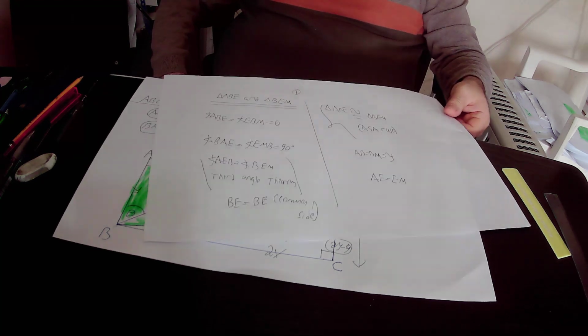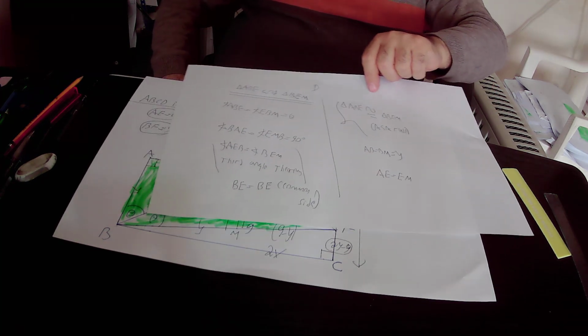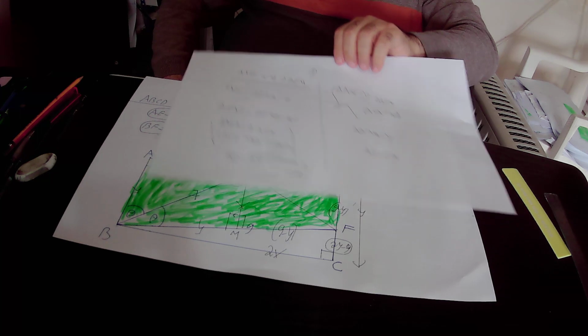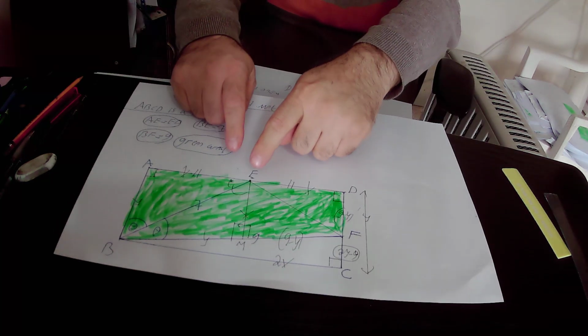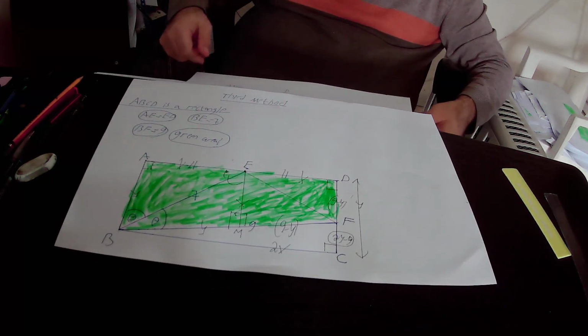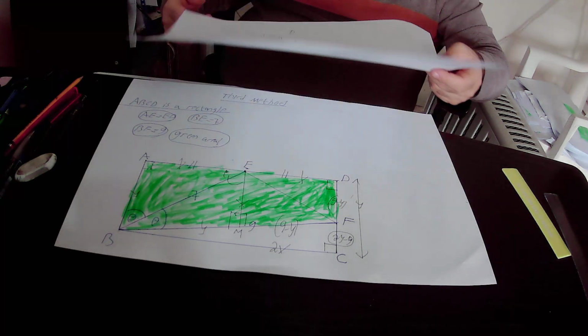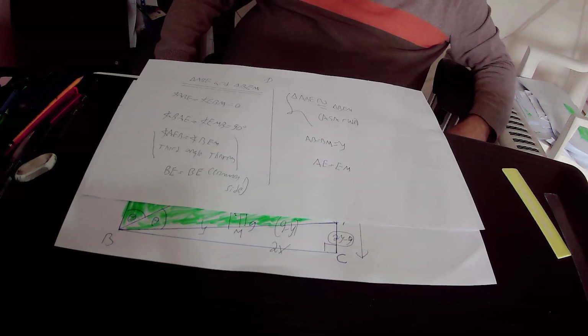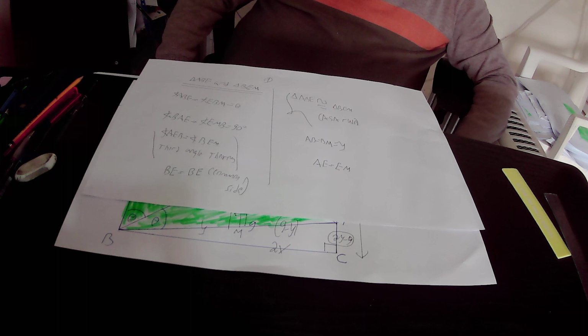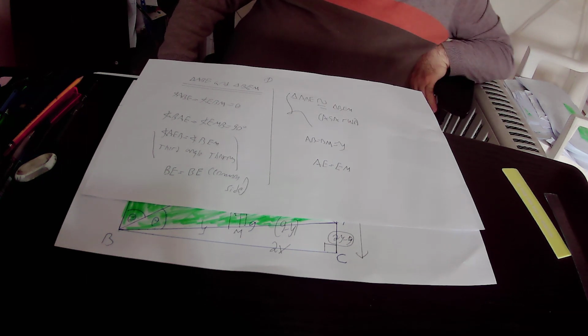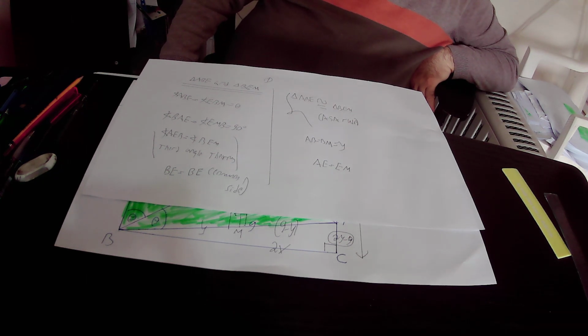So angle BAE equals angle EMB equals 90 degrees. And the third angles are equal to each other according to the third angle theorem. What is the third angle theorem? The third angle theorem says that if two angles in one triangle are congruent to two angles in another triangle, then the third pair of angles must also be congruent.